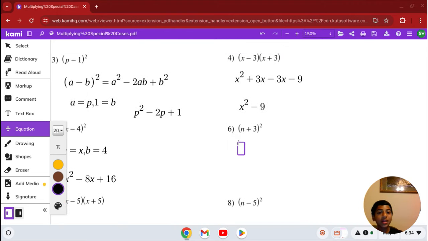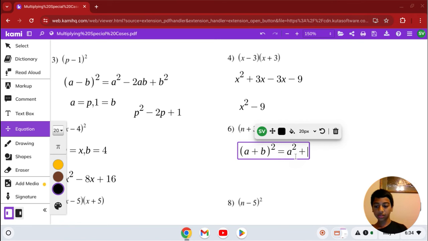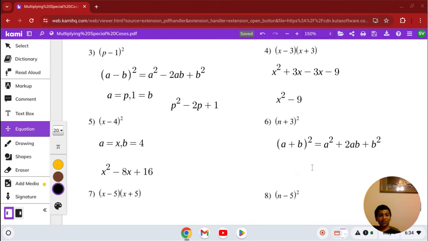Next, we have n plus 3 squared. You can multiply now, or you can use the formula a plus b squared equals a squared plus 2ab plus b squared. So a is equal to n.